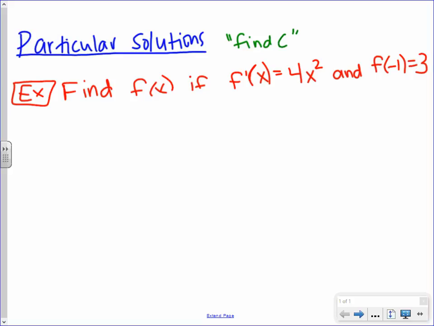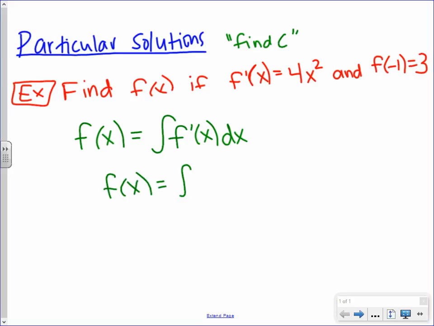Take the antiderivative. So, our function is going to be the antiderivative of the derivative. So our function is the antiderivative of 4x squared. So Larry, what is the antiderivative of 4x squared?